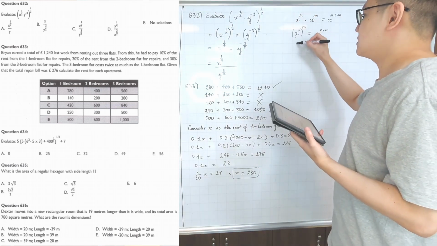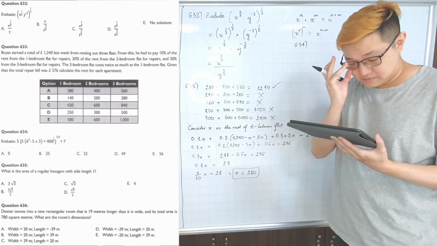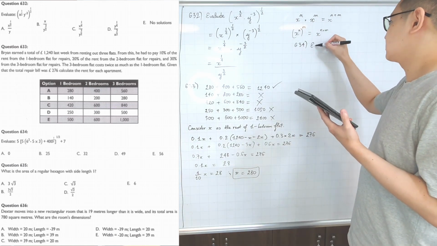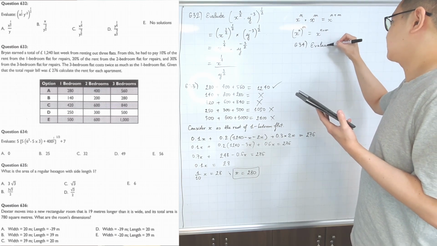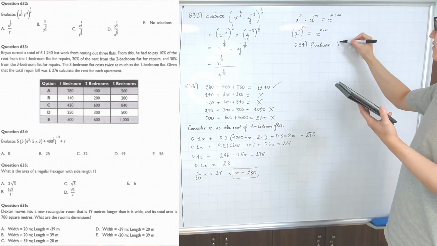Okay, 634. Evaluate this whole thing. I have to evaluate these things.